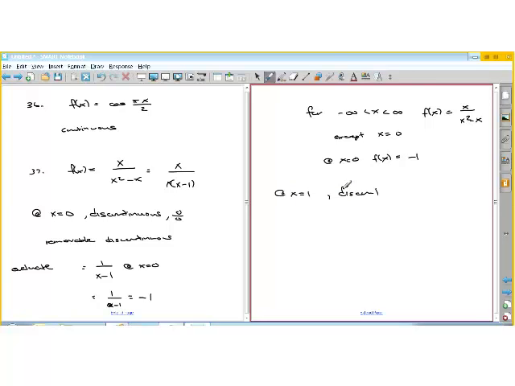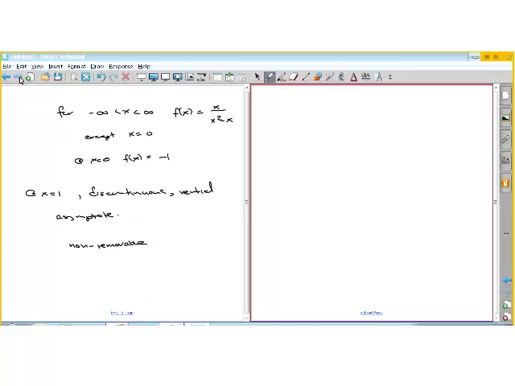We are also discontinuous there, and that's because we have a vertical asymptote. Now, asymptotes are non-removable, so we can't do anything about that, because at x equals 1 the function will go to positive infinity on one side and come from negative infinity on the other.